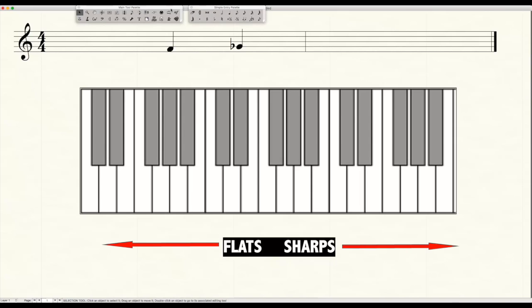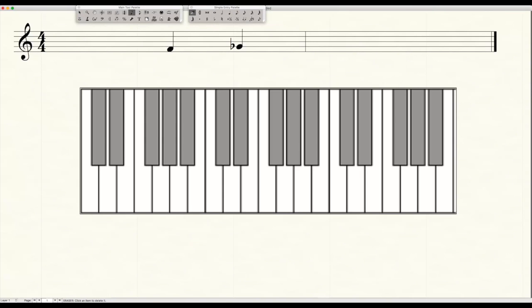Alright. Now, back to our staff. I'm going to put in two other notes now and show you another aspect of the keyboard. I'm going to plot in an E and an F. Okay? Now, this may look the same as the F to the G, line to space. Okay?